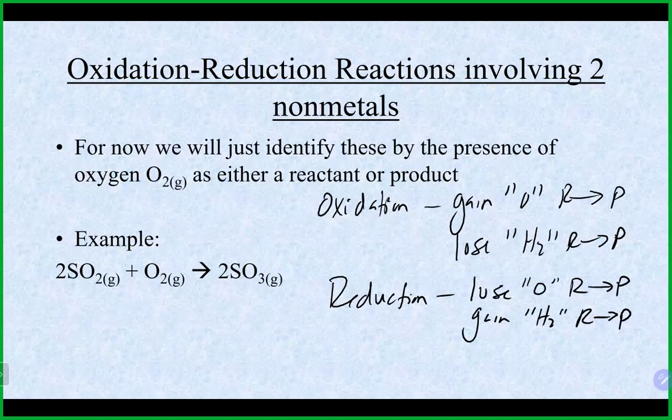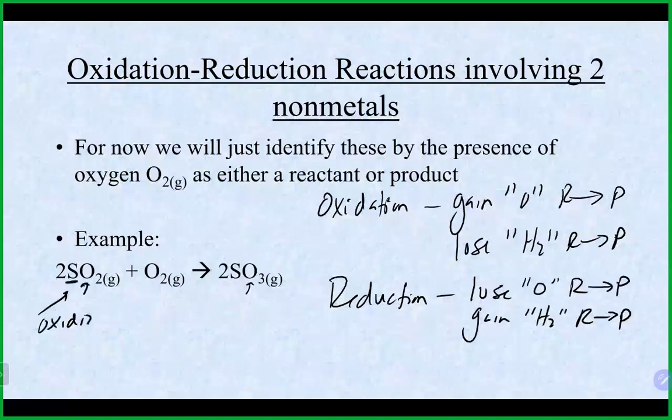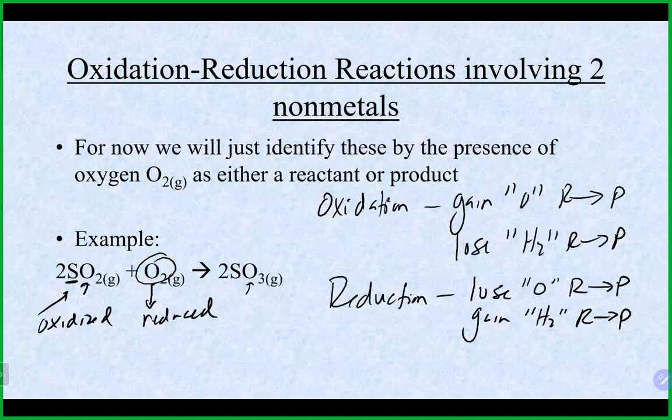We could look at something like sulfur here, which has some oxygen and gains a little bit more oxygen, so it is being oxidized as it gained oxygen going from left to right. Here, the oxygen disappeared, which means it has less oxygen, and the oxygen here would be reduced. So I wouldn't worry too much about those definitions until you get closer to organic. But definitely the gaining and losing of electrons is what we use a lot in general chemistry for the definition of oxidation and reduction.